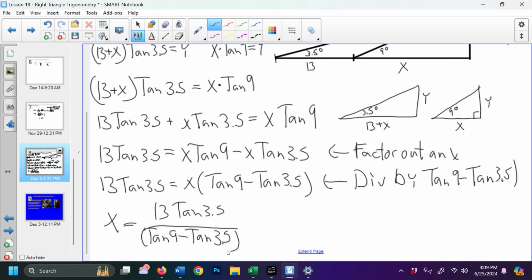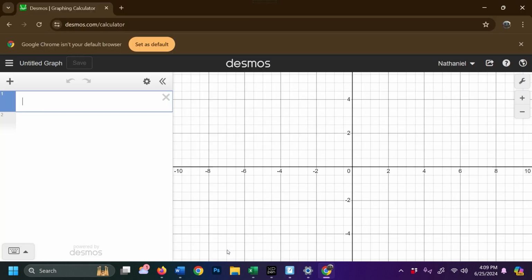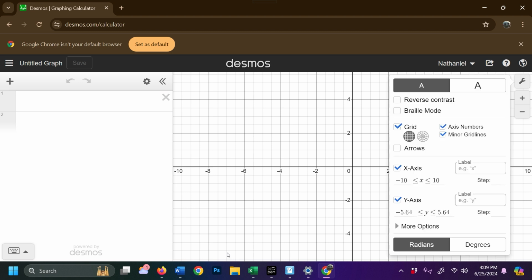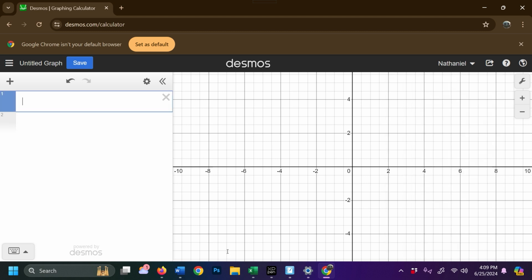Now I'm going to do that in decimals. So let's go over to decimals. And before we can do anything, since we're working in degrees, I have to come over here to this little wrench. And when I look at the wrench, I need to put it into degree mode, or else I will get the wrong answer. So now I'm going to plug in what I had from that last one.